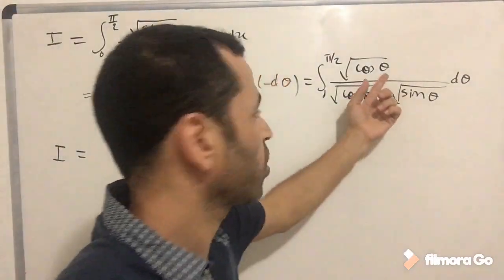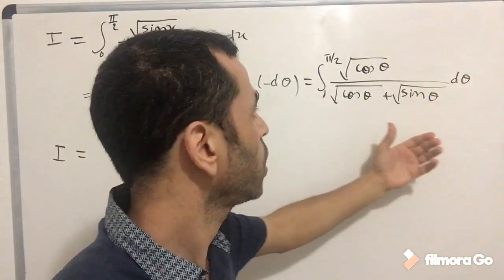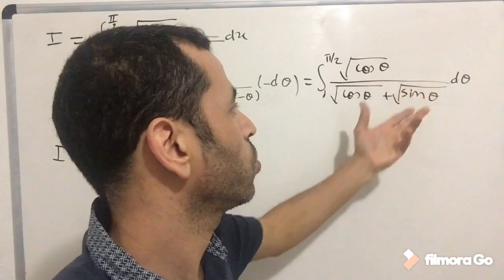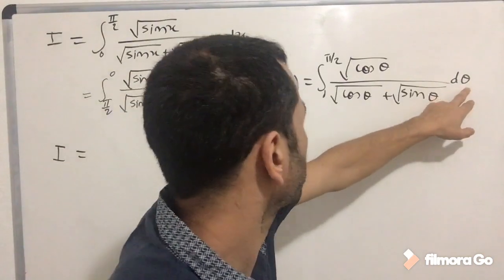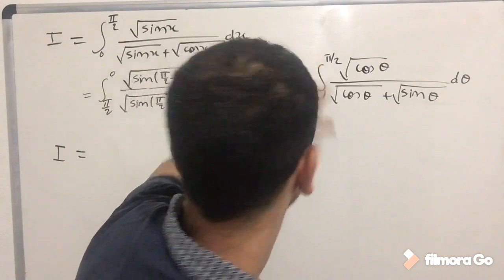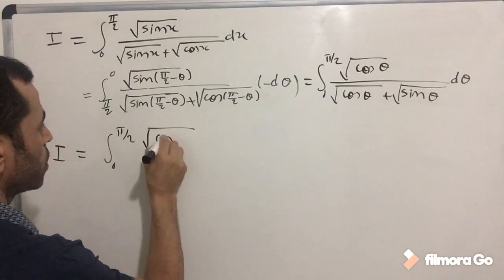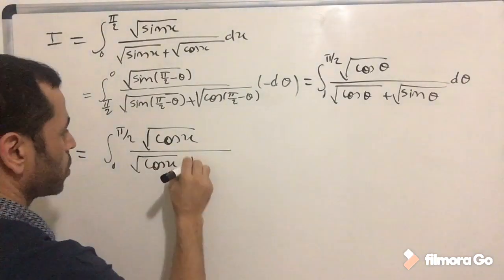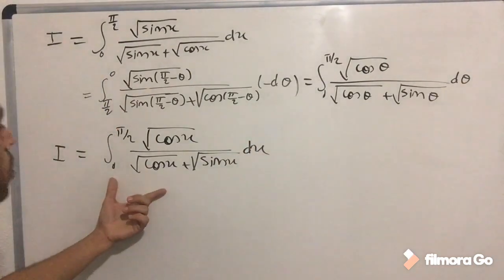Now we can change the variable from theta to x or to y. It's the same thing; it will never change the value of the integral, because you change the whole thing, the integrand and the differential, and the bounds are the same. So it's the integral from 0 to pi over 2 of the square root of cosine x over the square root of cosine x plus the square root of sine x, dx. What is this?